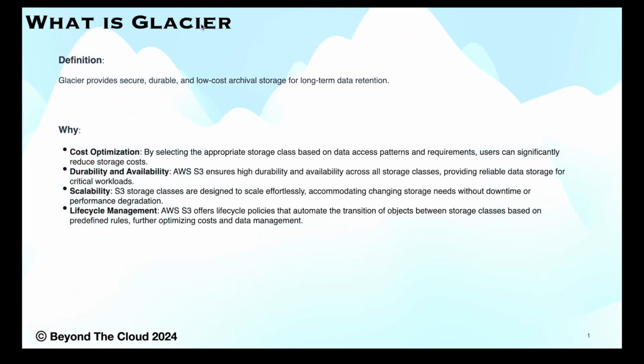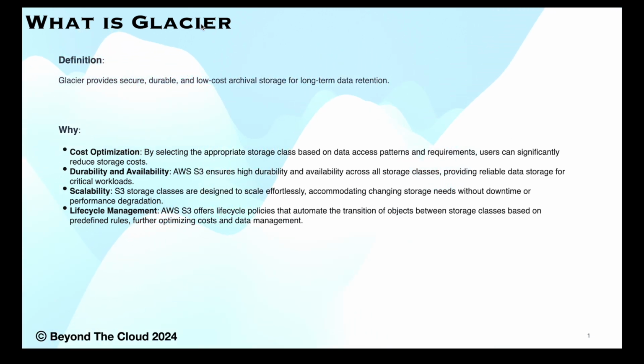First, we can do a data backup, or we can archive the data into a secure and durable location like Glacier. Glacier has three flavors: deep archive, Glacier flexible retrieval, and Glacier instant retrieval.